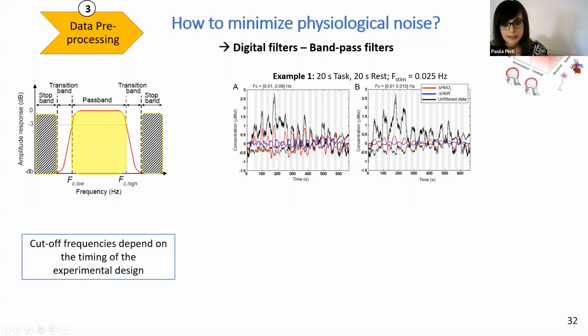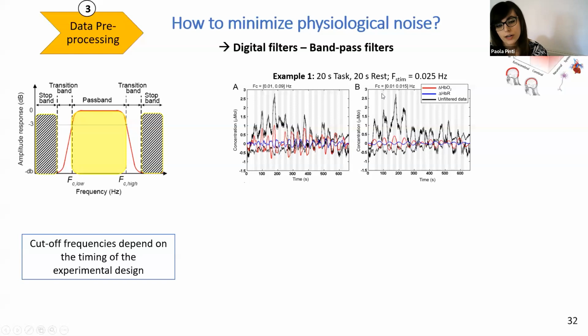Here we have basically removed the very low frequencies, so all these slow modulations in our signals, and also the higher frequency noise like the heartbeat rate. So our oxy and deoxy signals look cleaner. We have preserved the task-related modulations in the data, and the changes have an appropriate amplitude, around 1 micromolar or so, across all our experimental blocks.